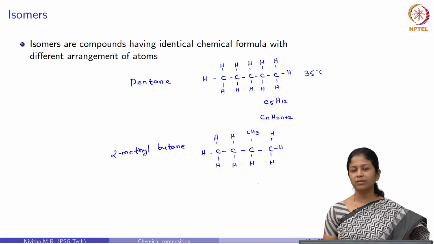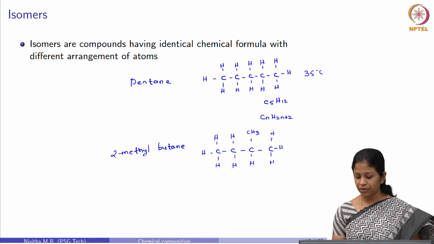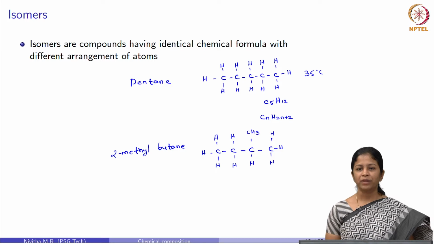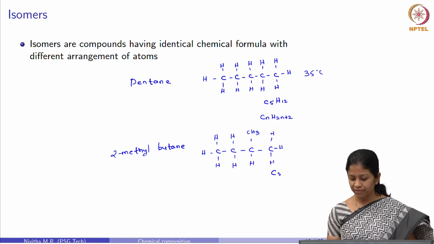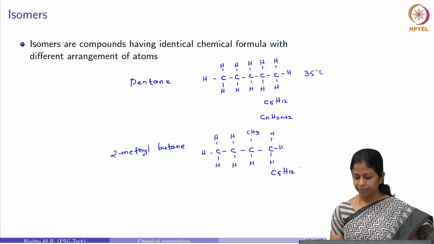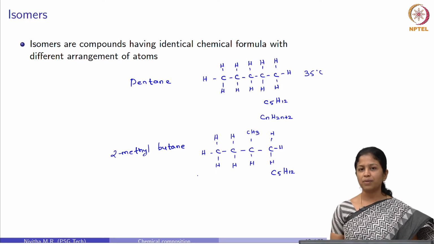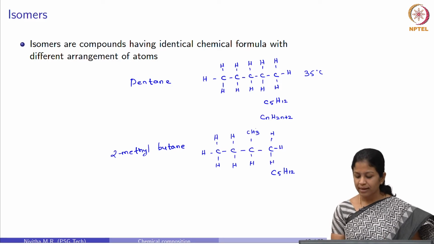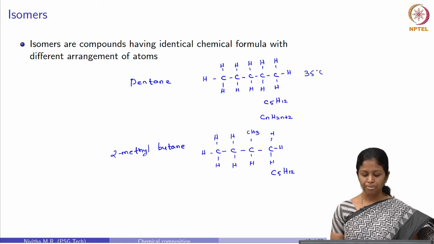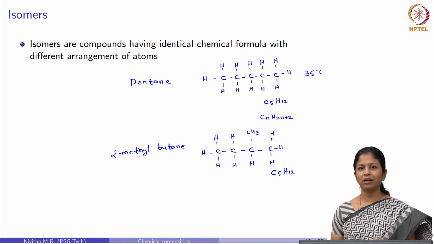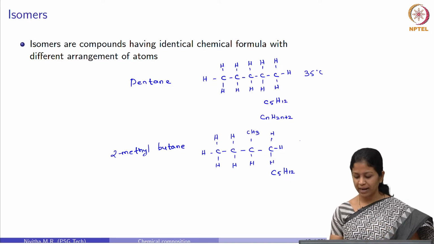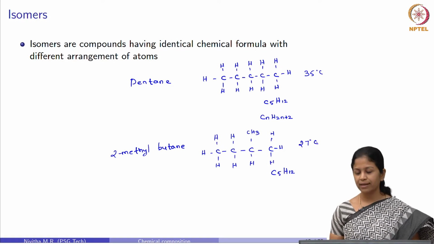Now, if I count the carbon and hydrogen, we are going to have 5 carbon atoms and again 12 hydrogen atoms, 3 here, 5, 8, 9, 10, 11 and 12. So, again this is C5H12. It has a similar number of carbon and hydrogen except that it is arranged in a different form. The boiling point of this particular compound, 2-methyl butane, is about 27 degrees Celsius.